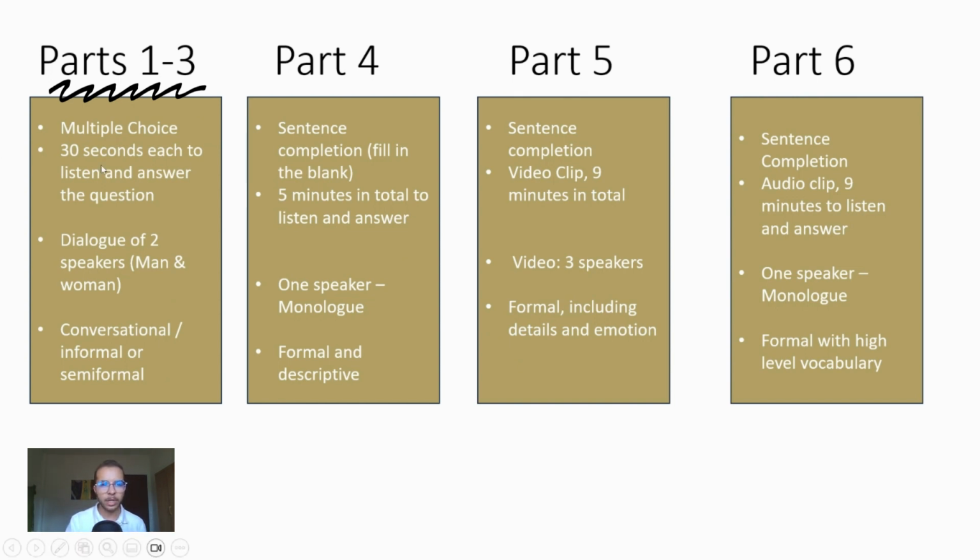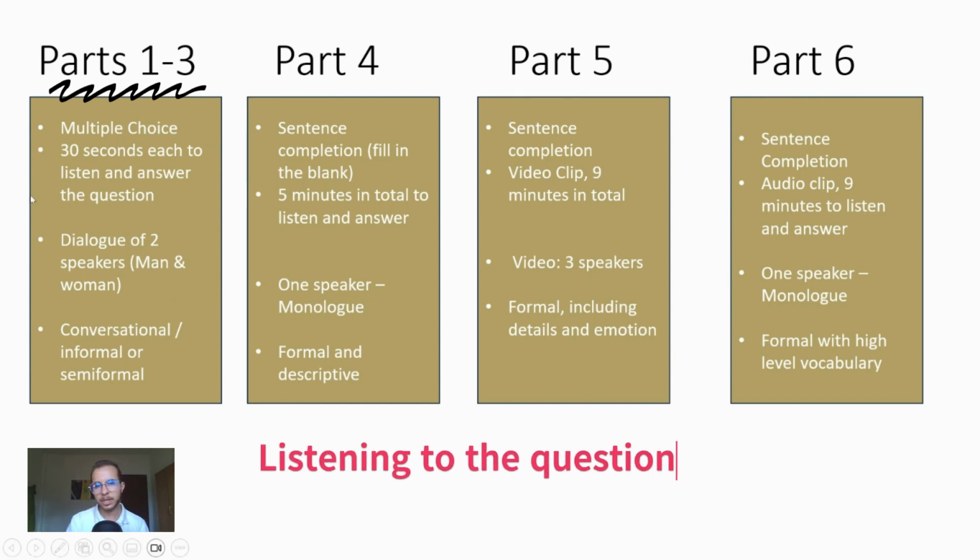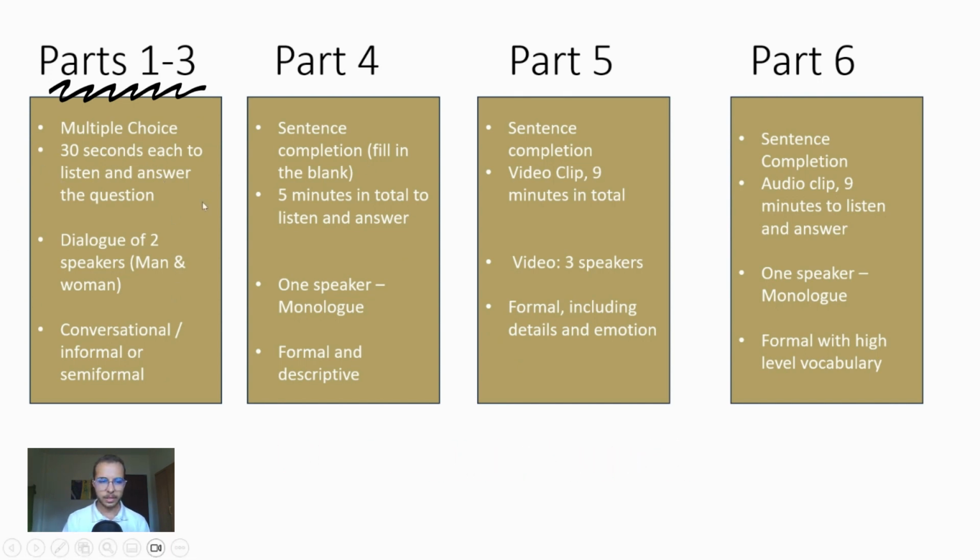So in parts 1 and 3, you are listening to the speakers talk, and then you will answer the question. These are all dialogues. So it's a dialogue, di meaning two, logue meaning speaking. So it's two people speaking, usually a man and a woman. They're more conversational. If you remember, parts 1 through 3 are about problem solving. So they might ask you, what do you want to have for dinner?